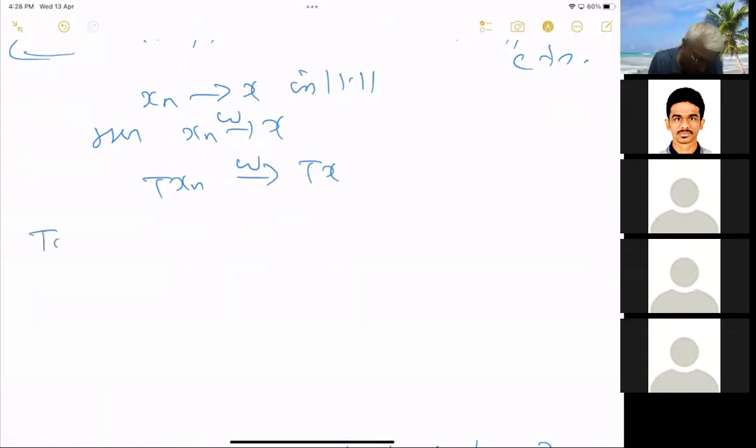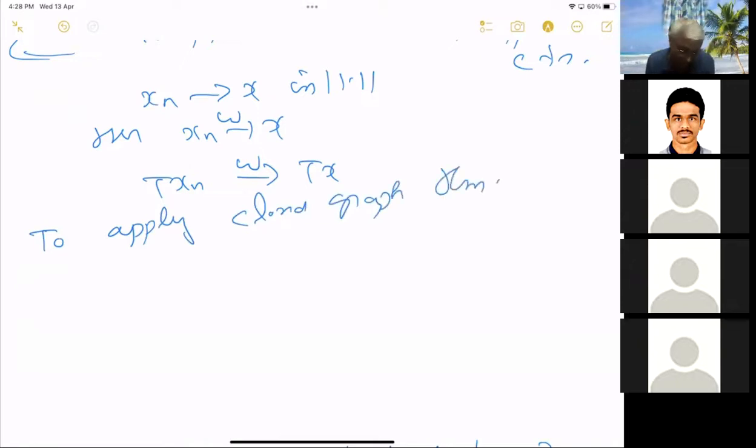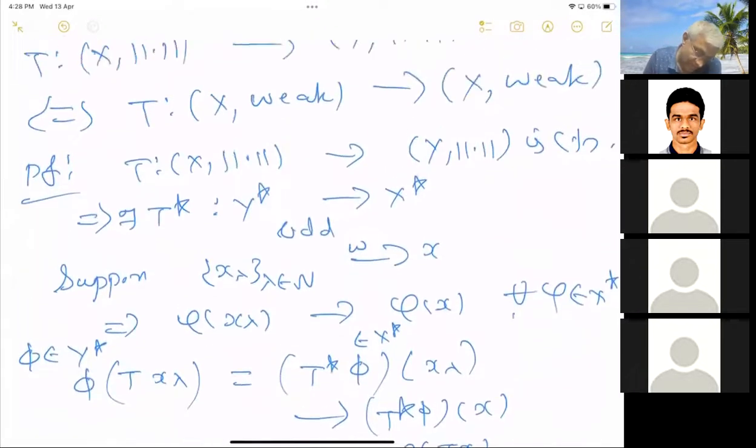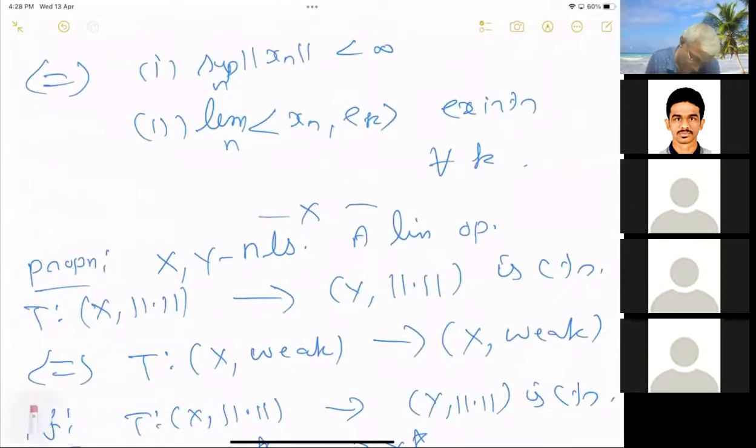To apply the closed graph theorem, what do you have to do? If you want to check an operator is bounded, it is enough to check this on a Banach space. I will take it to be a Banach space.